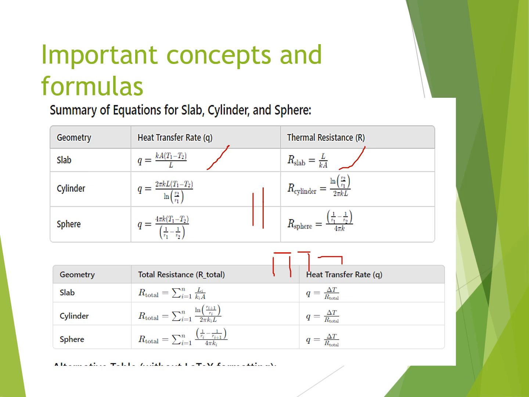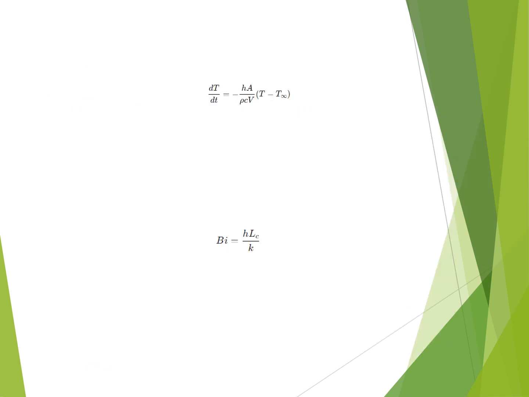Similarly, for cylinders also, first we'll calculate the resistance of the inner one, then the outer one. Here the total resistance is given when we sum up each of the layers, and in this way we can calculate the heat transfer. This concept will be clear in the next video when we'll practice some problems.